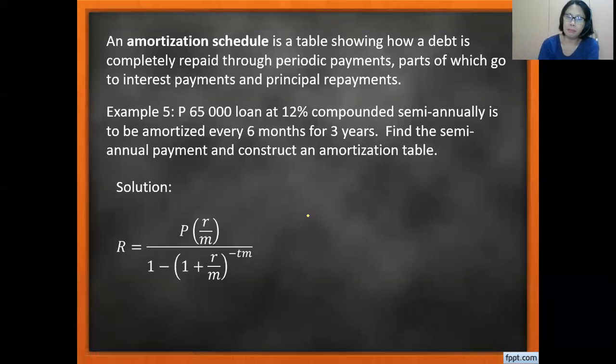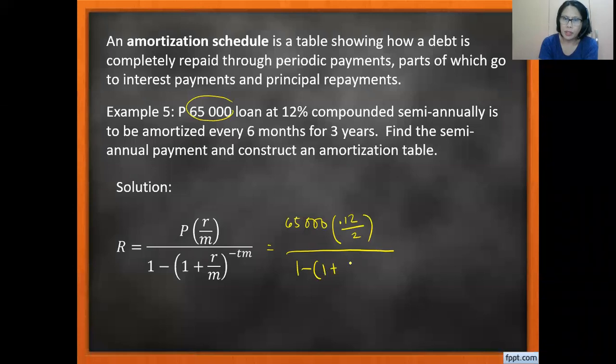So using R, for us to solve how much would be the periodic payment. So we have, this is the present value. 65,000 times, this is 0.12 interest rate over 2, all over 1 minus quantity 1 plus the rate 12% over 2 again to the negative 6, 2 times 3.